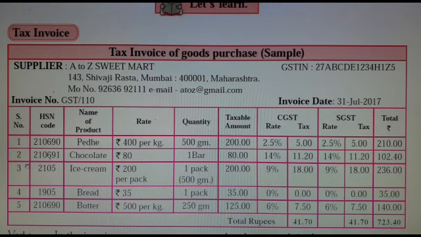Next item is chocolate. The HSN code of chocolate is 210691. Rupees 80 is the rate of 1 bar. Taxable amount is 80. 14% is the rate of CGST and 14% is the rate of SGST. And by 14% the amount is 11 rupees 20 paise.